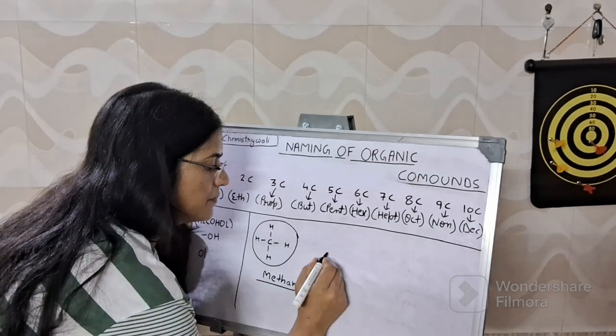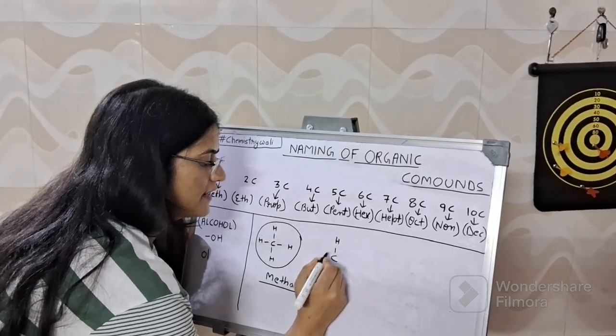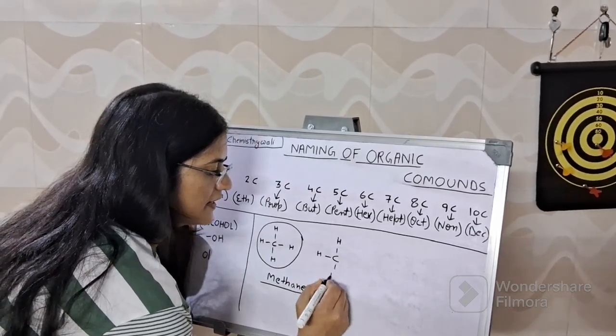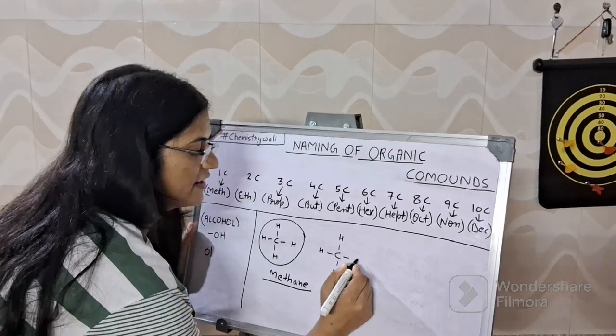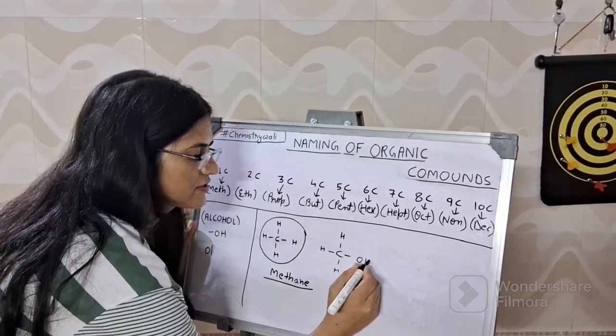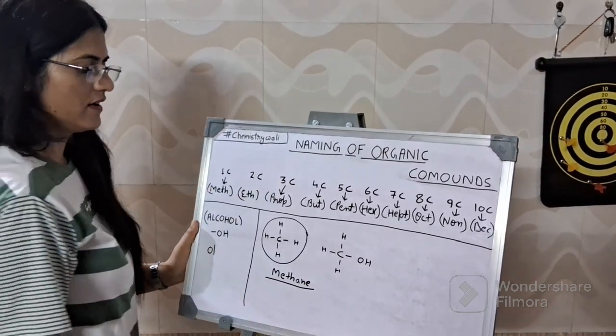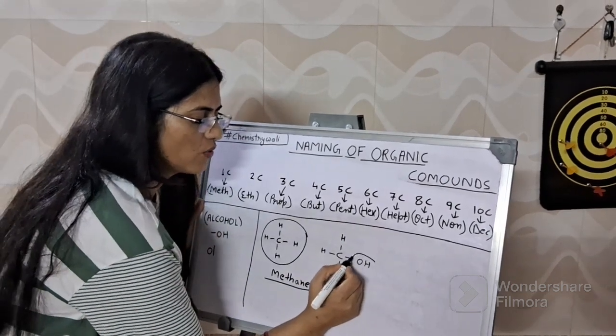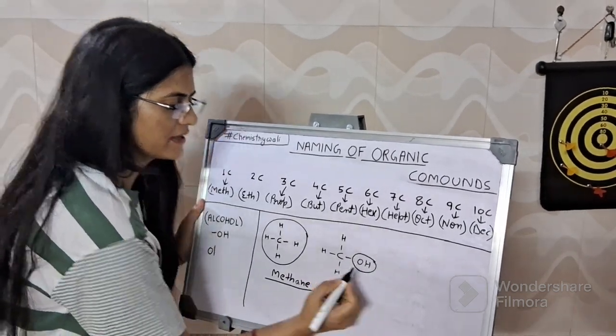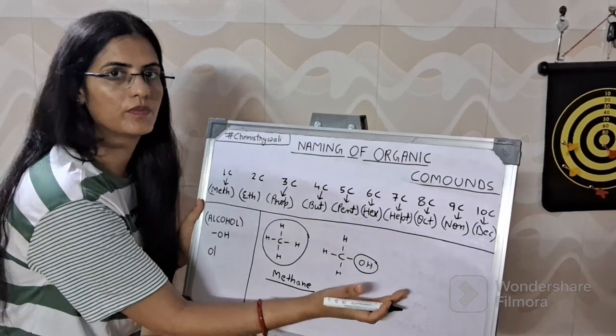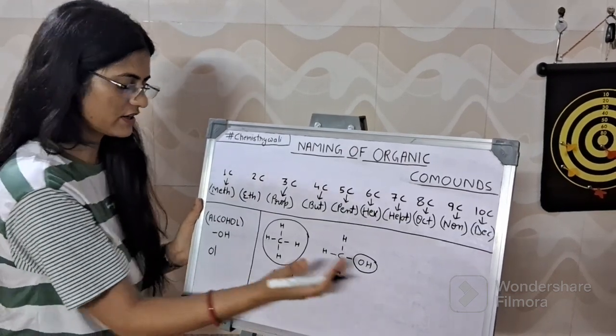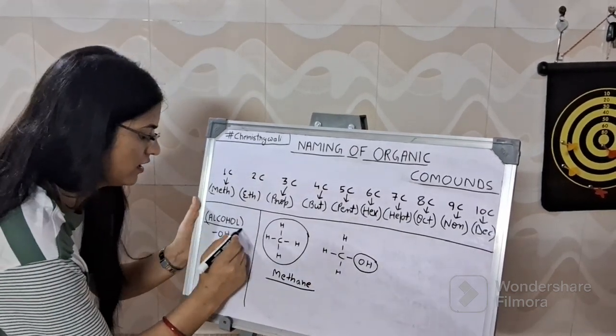Now in the same compound CH, H, this side I will add OH. Now first of all, OH means alcohol group. This is one of the functional groups, that is alcohol.